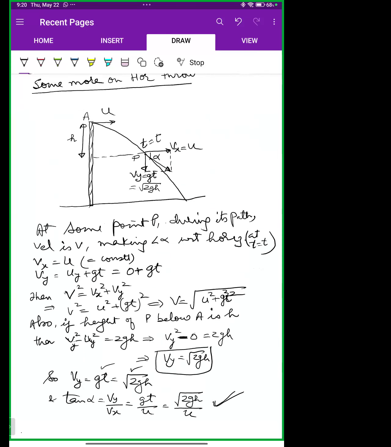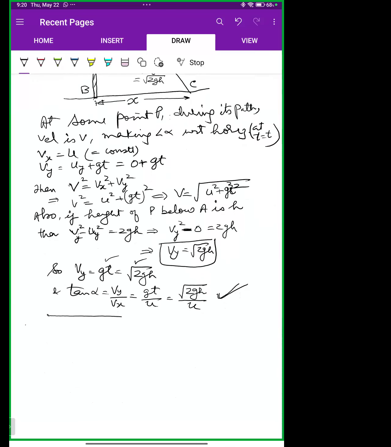See this X. Projectile hits ground at C. BC is equal to the distance between C and the bottom of the tower.